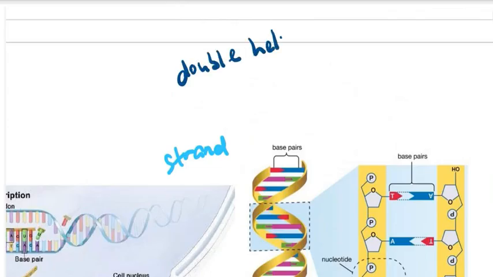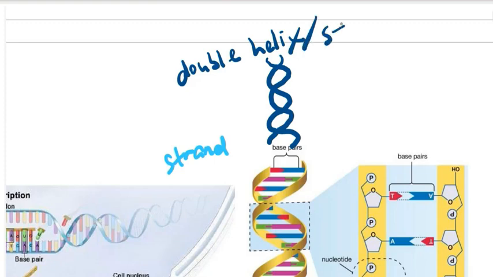We call it double helix because DNA is comprised of 2 strands, like this. These 2 strands intertwine with each other, forming this double helix, or we call it double stranded.